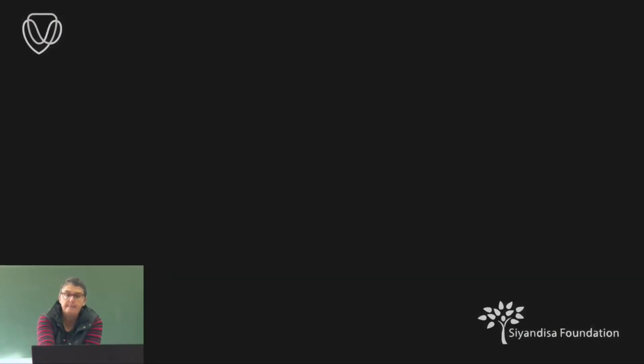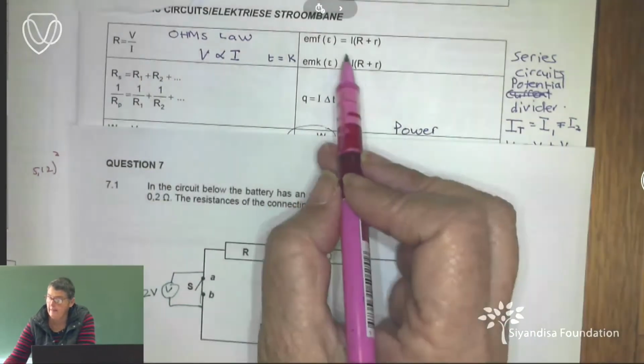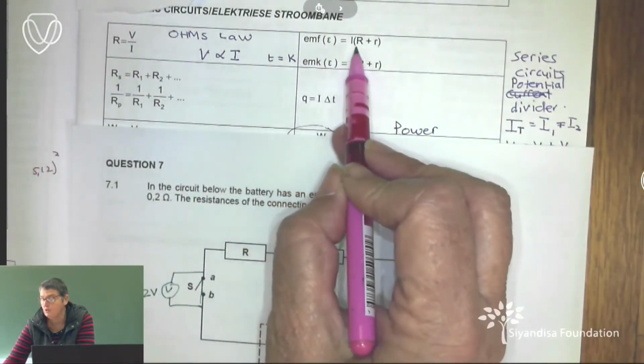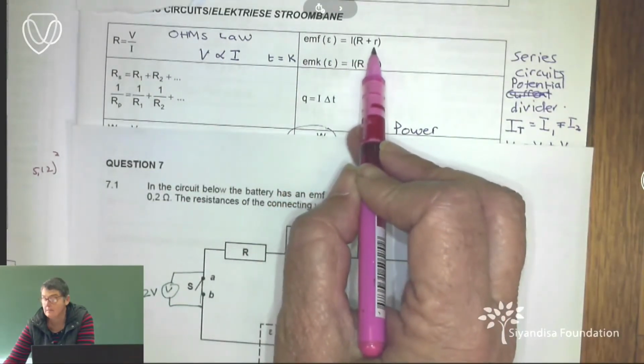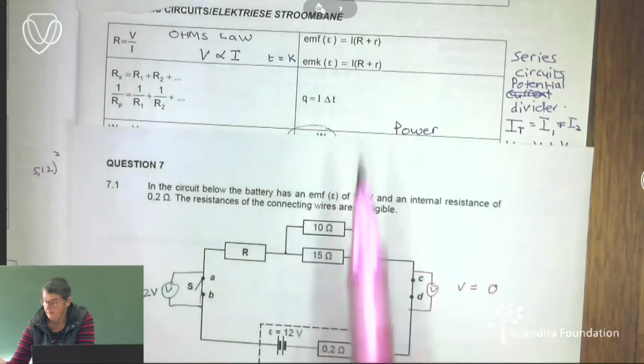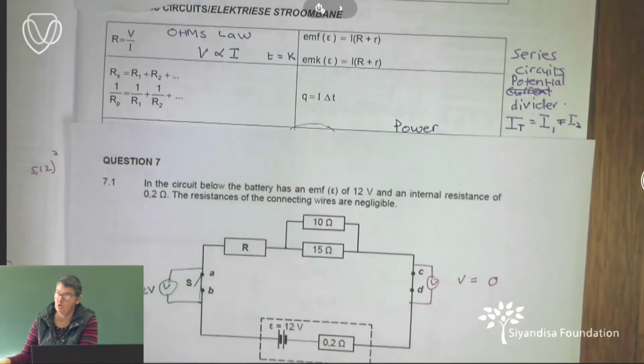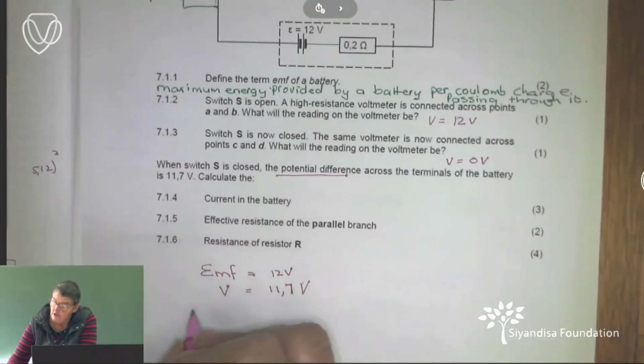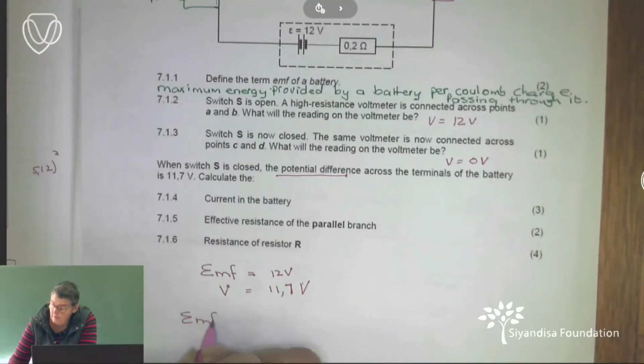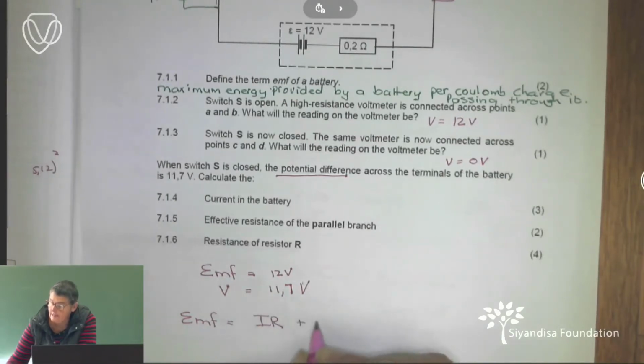Over here, I have EMF is equal to I big R plus I small r. Okay. Now I'm going to write that down and then I'm going to show you how I'm going to rearrange it. Right. So EMF is equal to I big R plus I small r.